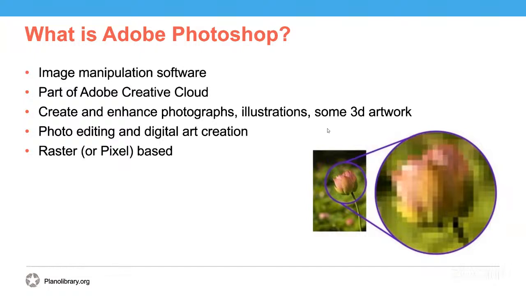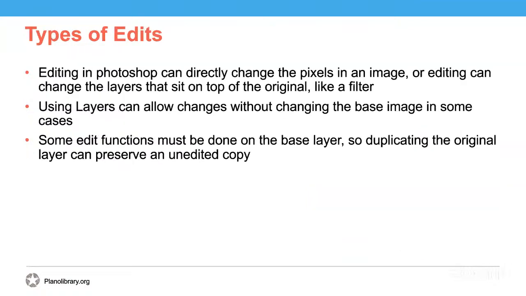We will keep going. So there are different types of editing in Adobe Photoshop. You can directly change the pixels of an image, which is known as destructive editing, because you're changing what the actual image looks like. Or you can change the layers that sit on top of the image, kind of like a filter, which is known as non-destructive editing, because it sits on top.